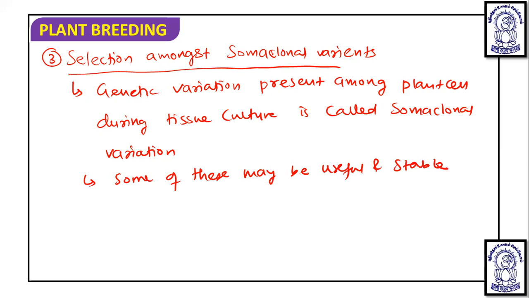So disease resistance can be gained during tissue culture through somaclonal variation.